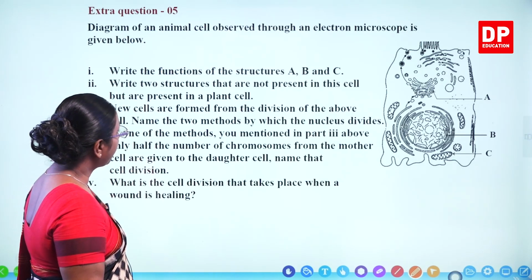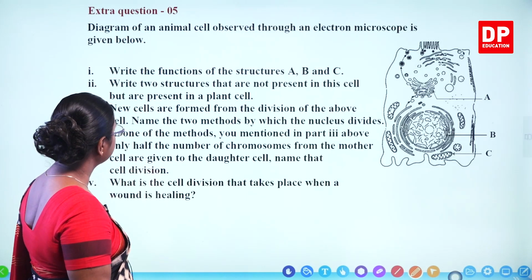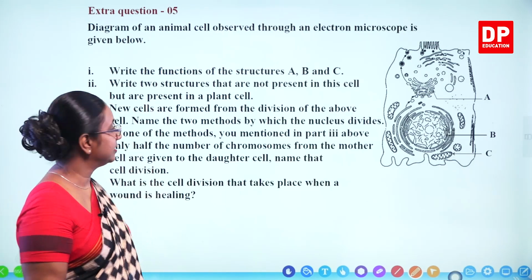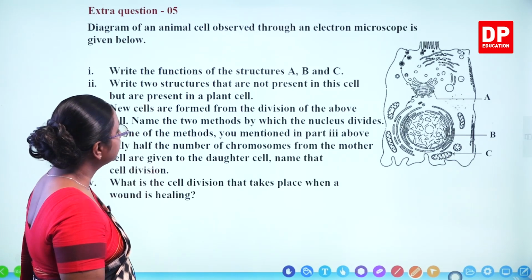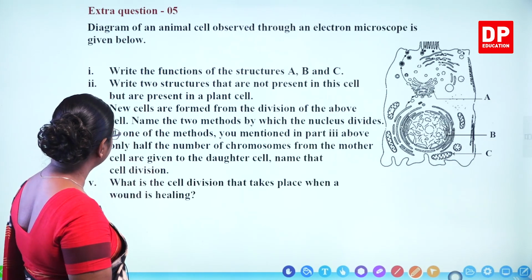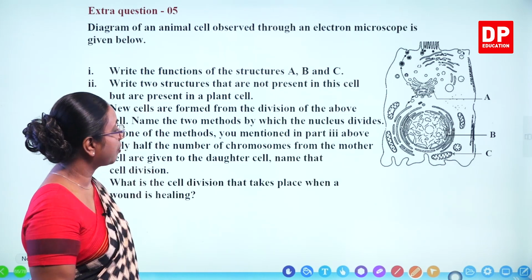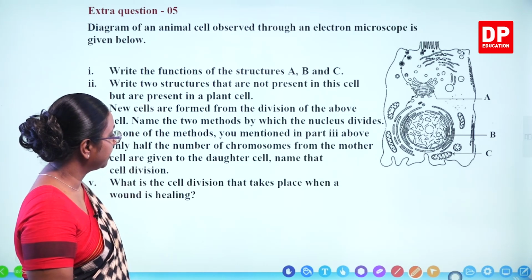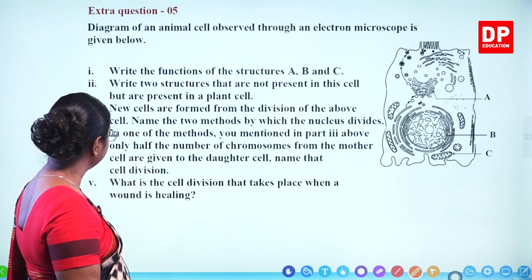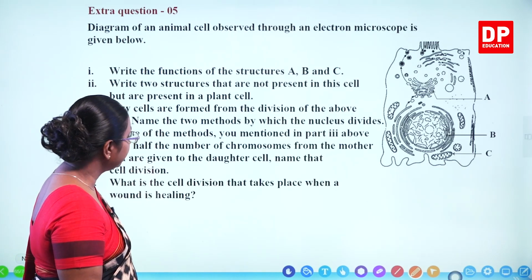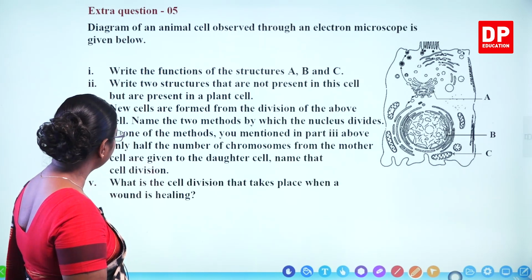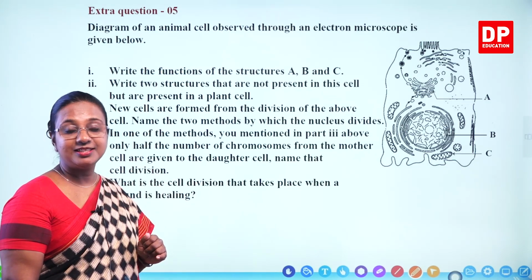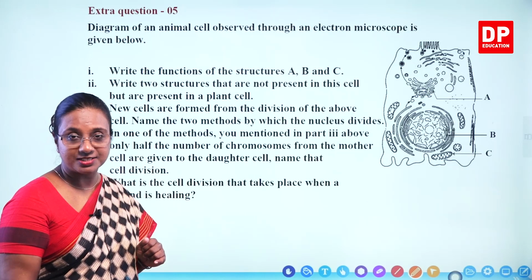New cells are formed from the division of the above cell. Name the 2 methods by which nucleus divides. In one of the methods you mentioned in part 3 above, only half the number of chromosomes from the mother cell are given to the daughter cell. Name that cell division. What is the cell division that takes place when a wound is healing? I am sure you can answer these questions by yourself first.